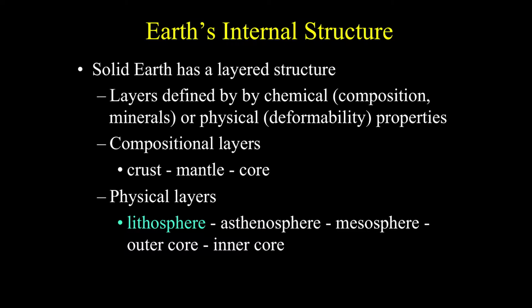Based on chemical properties, these layers are the crust, mantle, and core. Based on physical properties, these layers are the lithosphere, asthenosphere, mesosphere, the outer core, and the inner core.